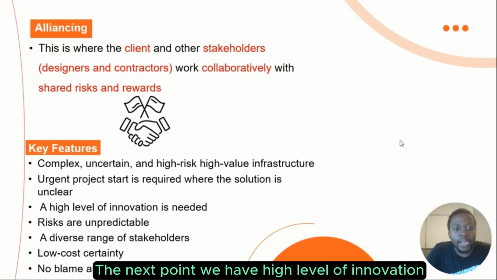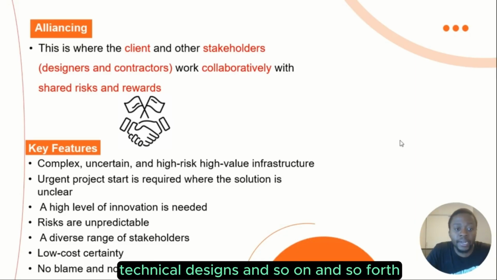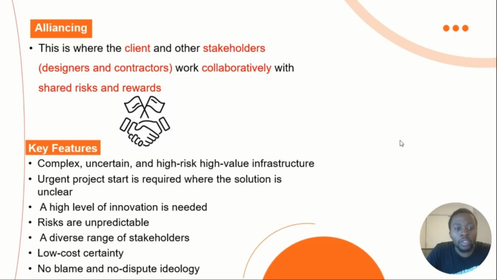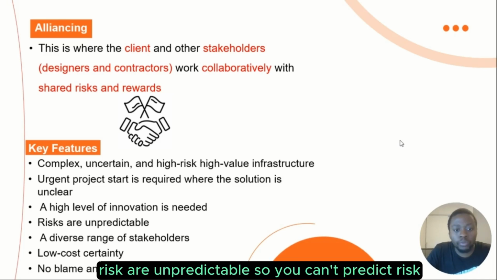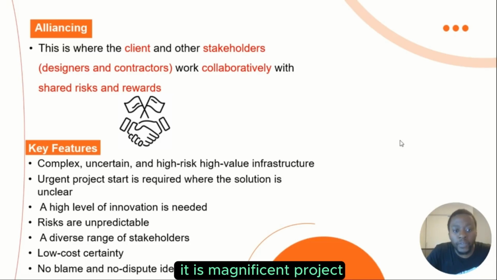Another point, we have a high level of innovation. I've mentioned technical designs and so on and so forth. Also, risks are unpredictable. You can't predict risk, because this kind of project is a unique and magnificent project. Another point here is a diverse range of stakeholders.